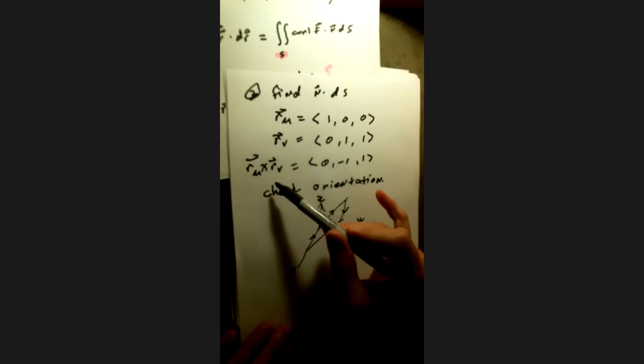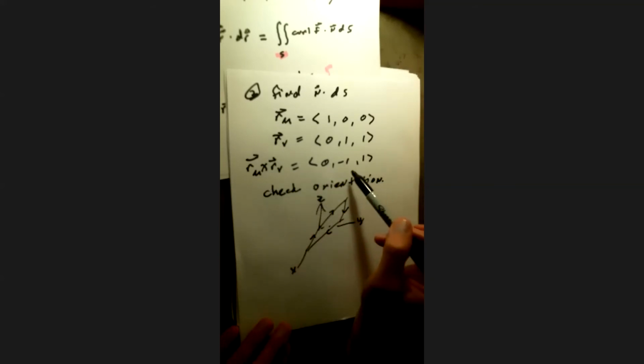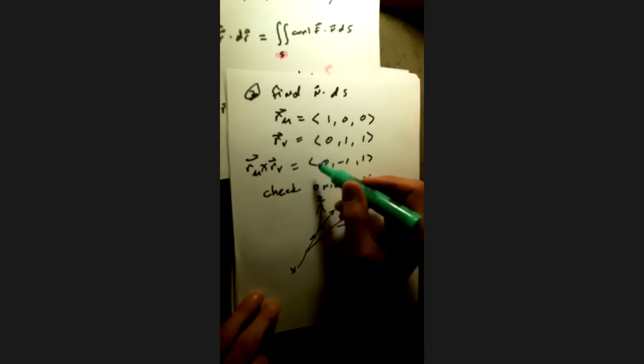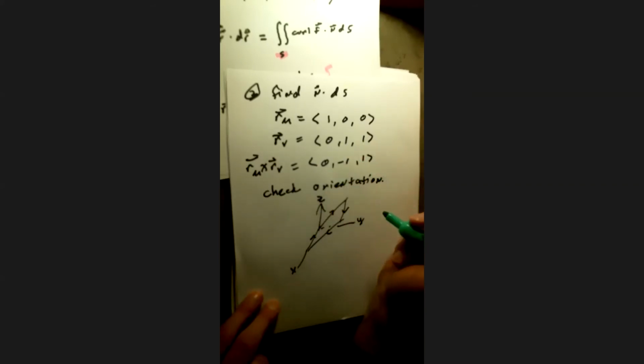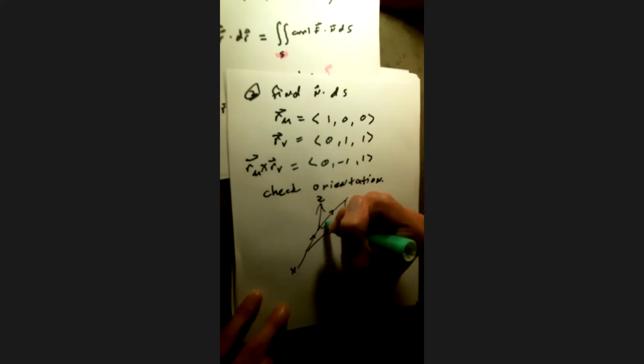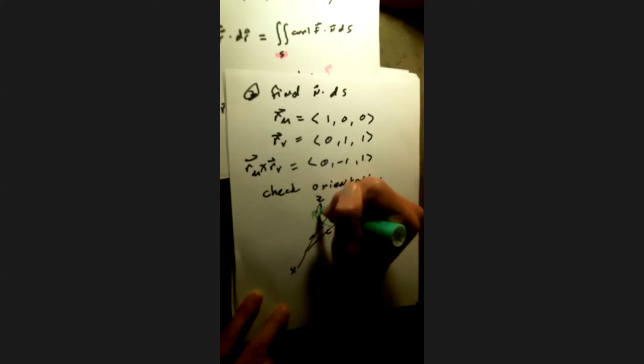And I can pick any u and v, and I'm going to get the same r_u cross r_v. So that's not very exciting at this stage. Which direction is this vector pointing? It's pointing out of the plane, like up left. Yeah, like up left, exactly. So it seems like it's pointing something like this way.